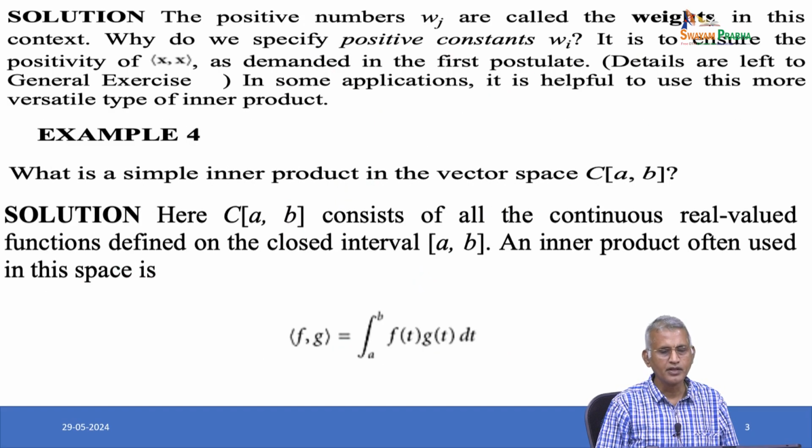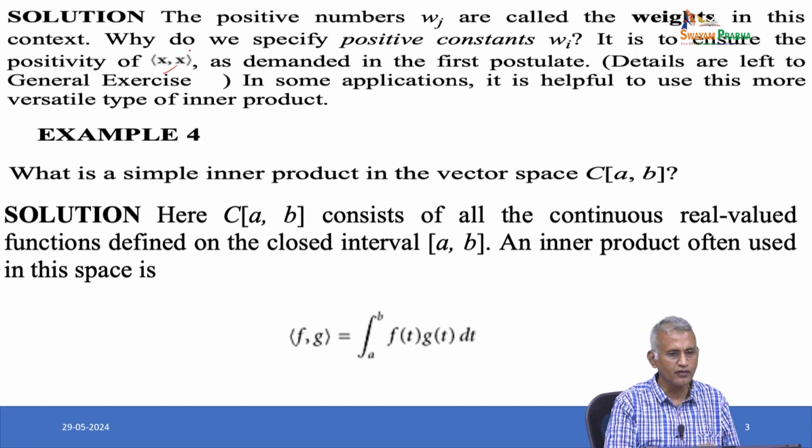The positive numbers wj are called the weights in this context. We specify the positive components wj so that the positivity of x comma x, as demanded in the first postulate, is ensured. In some applications it is helpful to use this more versatile type of inner product.